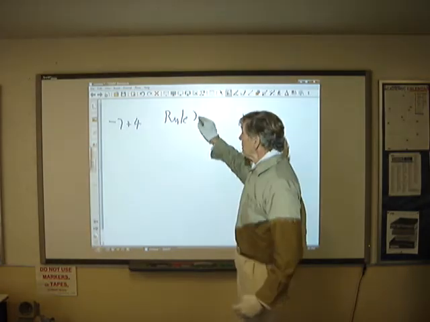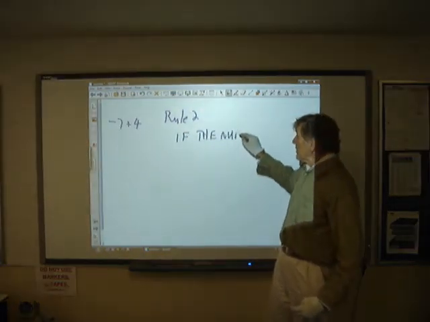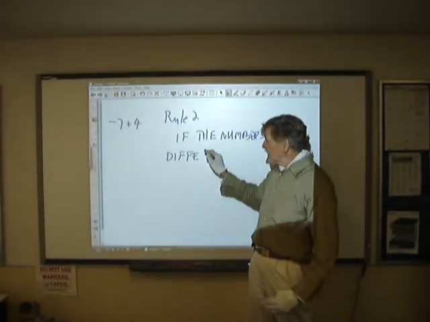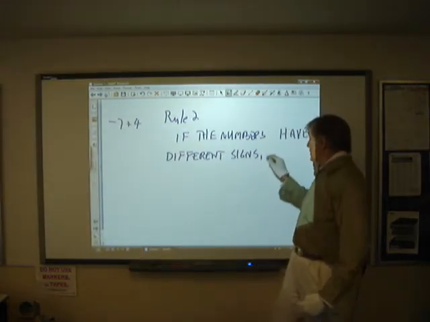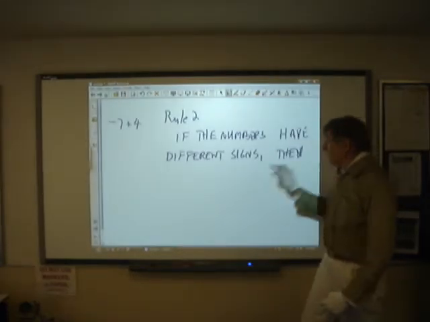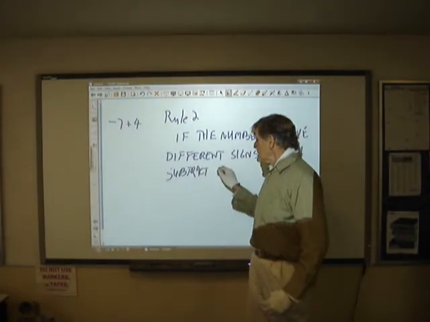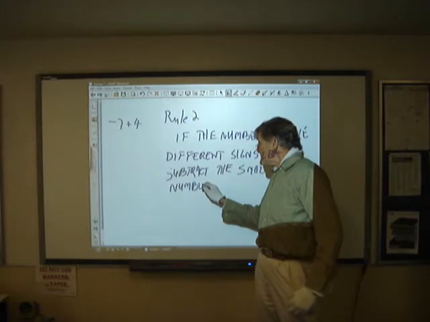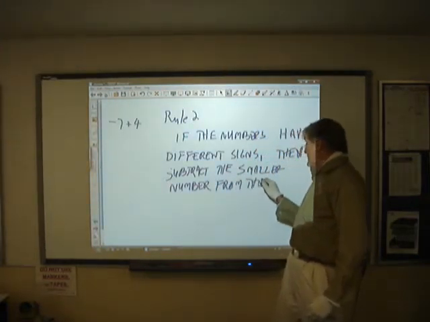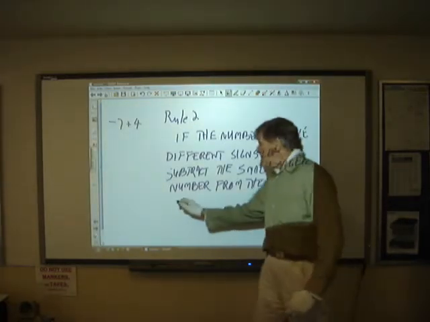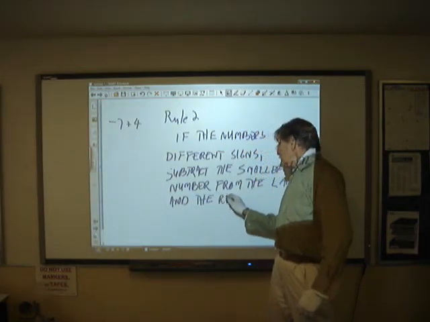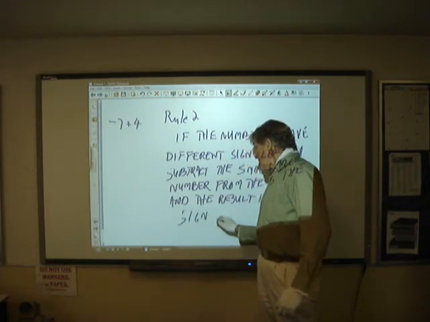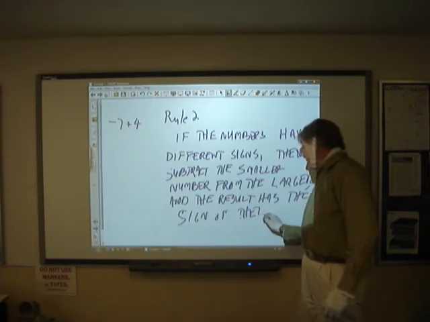Rule 2, if the numbers have different signs, then subtract the smaller number from the larger, and the result has the sign of the larger.